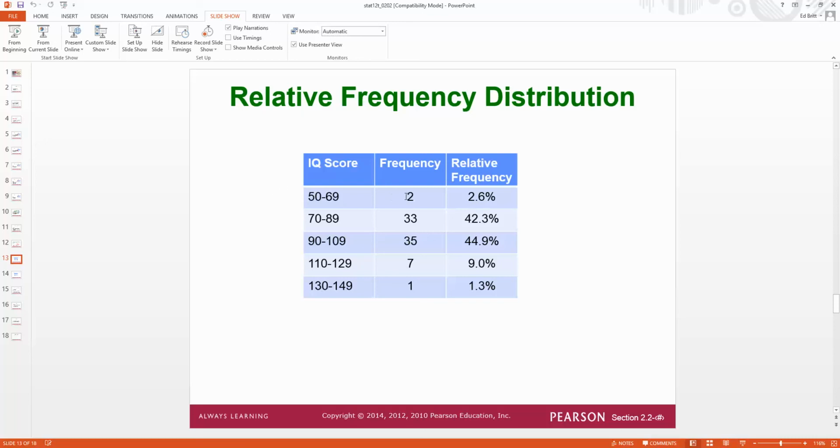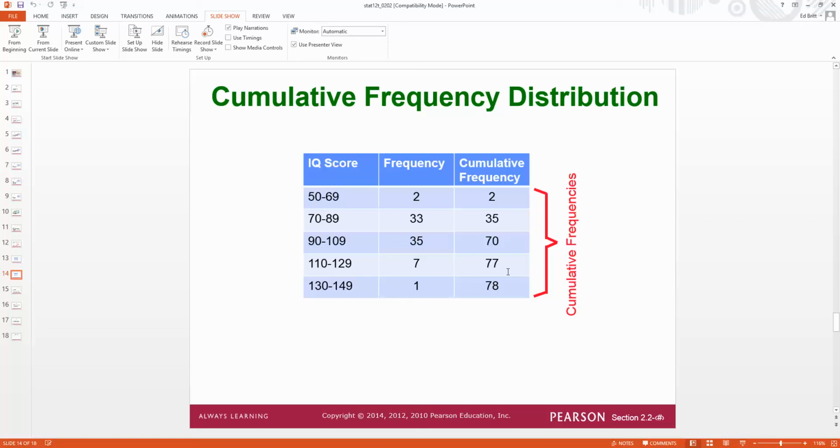Instead of just saying there are two, to make a relative frequency chart you say 2 divided by the sum of all these frequencies, which gives you a decimal. Multiply that decimal by 100%, and you'd have 2.6% or thereabout. It looks like they rounded to one place. And you do that for each one of these: take the number divided by the total, and you get the different percentages. That's a relative frequency.